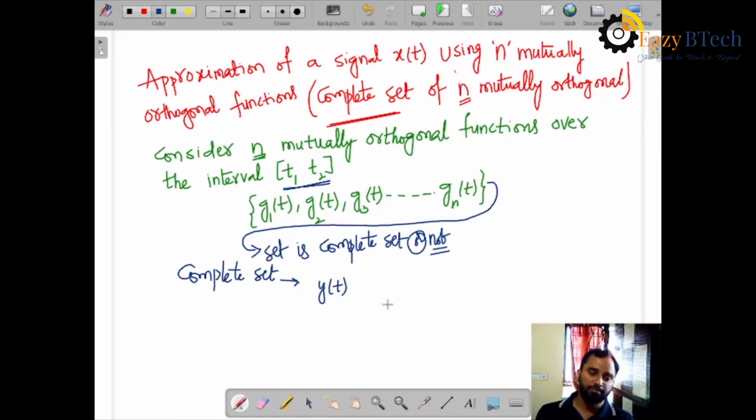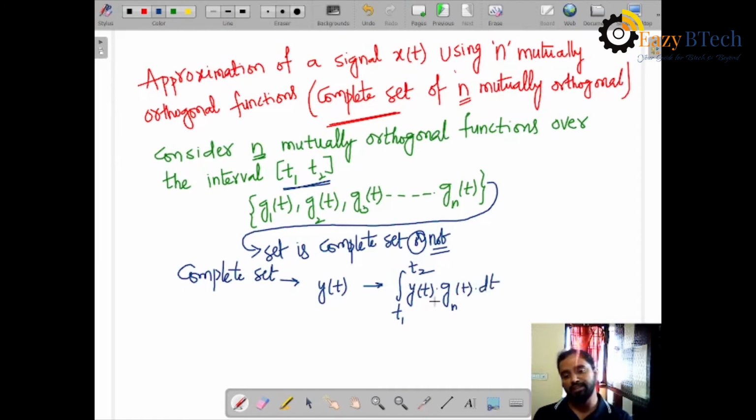If you do this integral t1 to t2 y of t into, here we have n number of functions, like gi of t or gj of t or gn of t, anyone, dt.